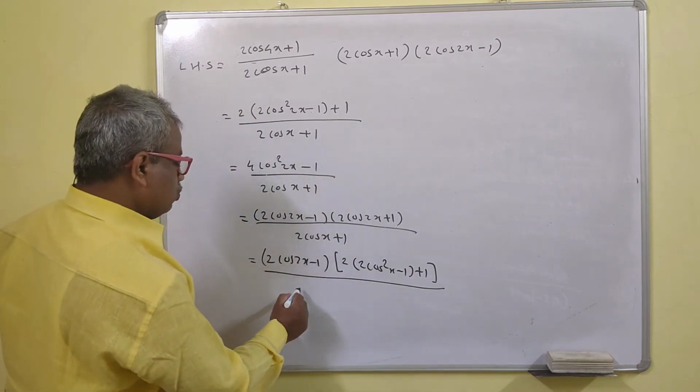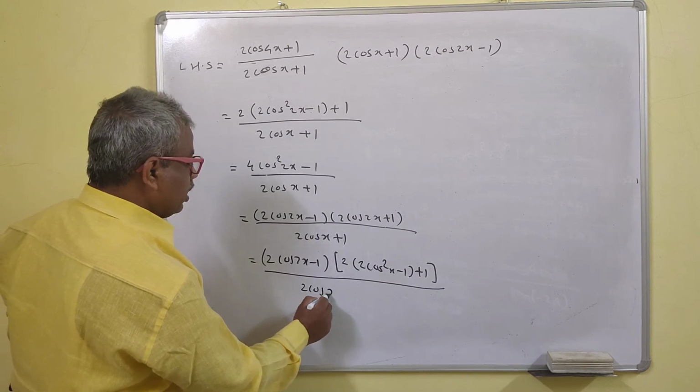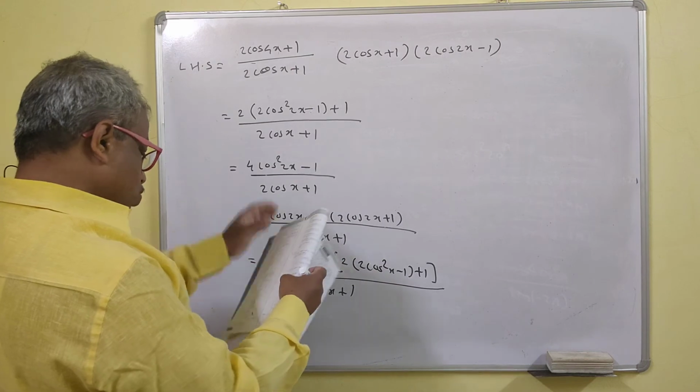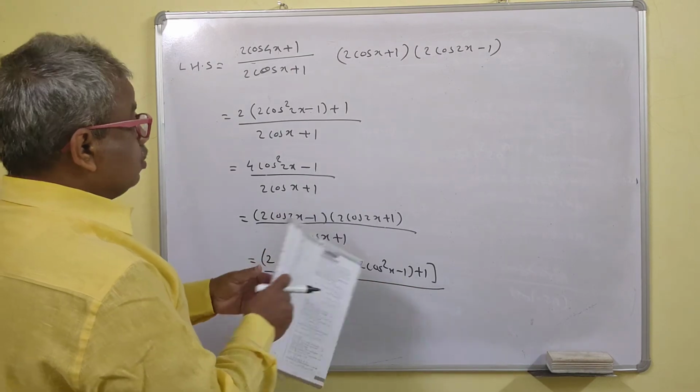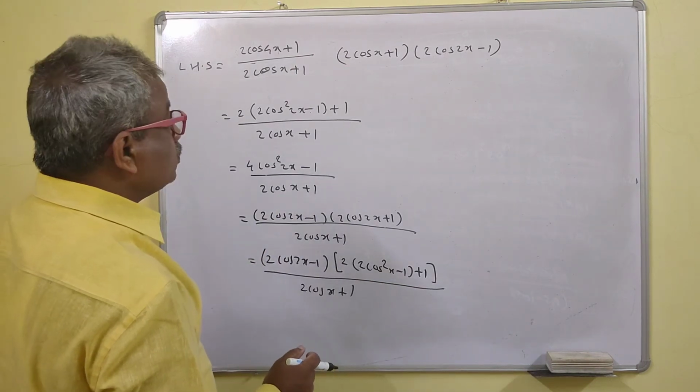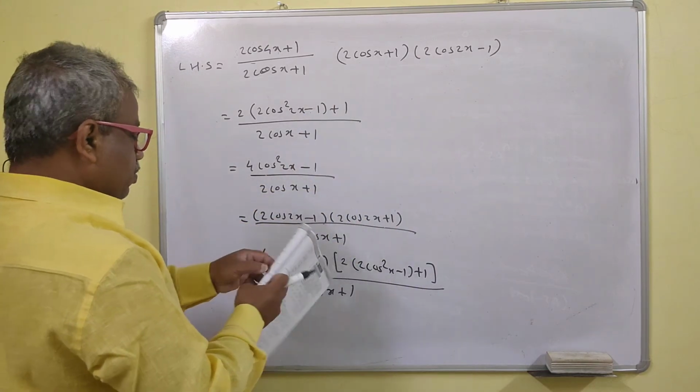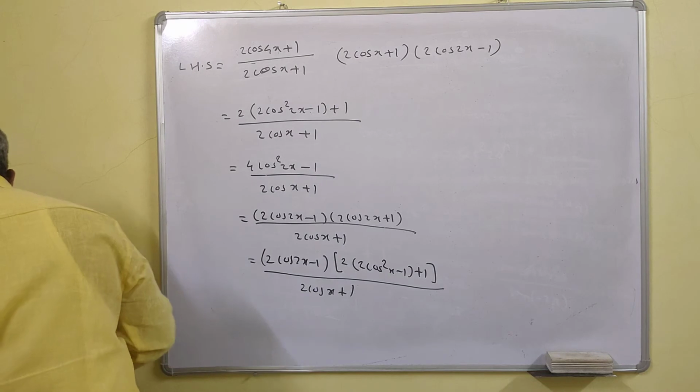Then this is 2 cos x plus 1. Is it 2 cos x plus 1? Yes. So this should be minus. This should be minus. We'll check the problem.